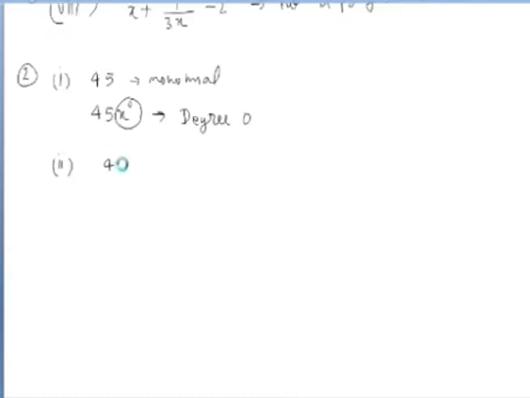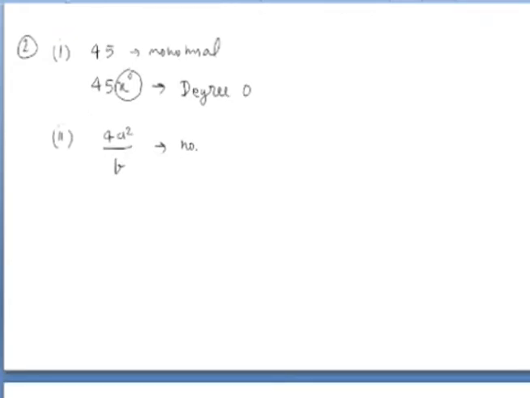Second, 4 a square upon b. So this is not a monomial. Why? Because b is in the denominator. And question number third is 42 x to the power 1 by 4.